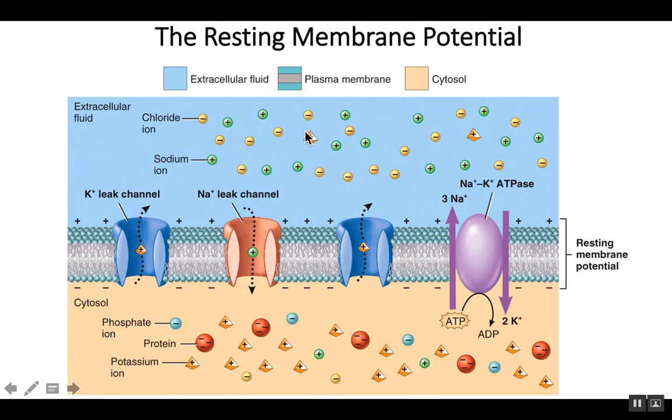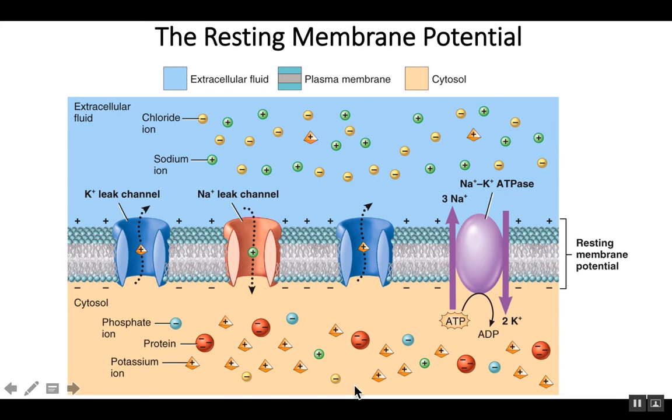Those are very highly concentrated ions in the extracellular fluid. On the inside of cells, there happens to be more potassium. Potassium is an intracellular ion. There's more phosphate ions. There's more protein. So there's a difference in ions when you compare the outside and the inside of cell.